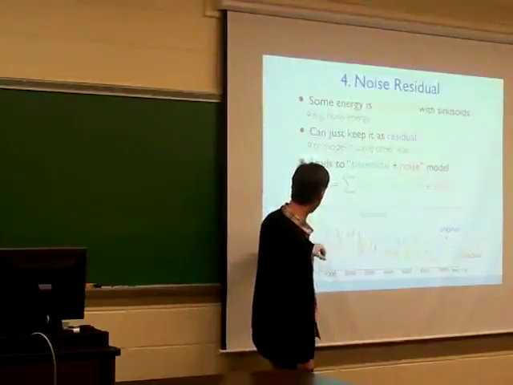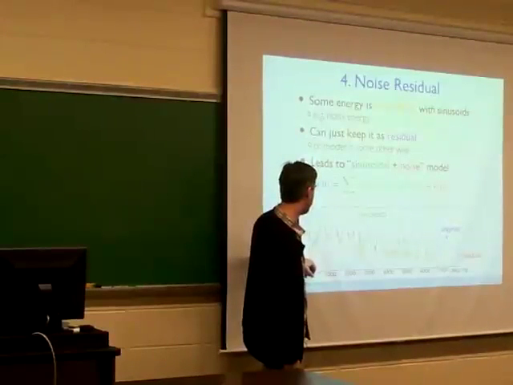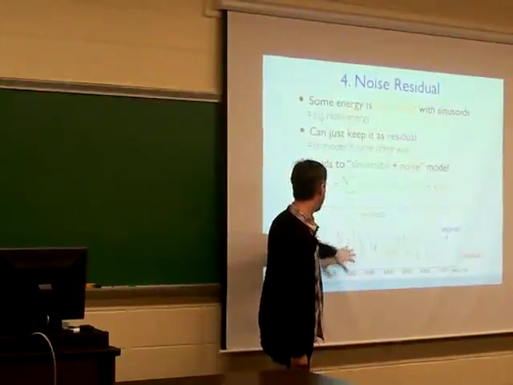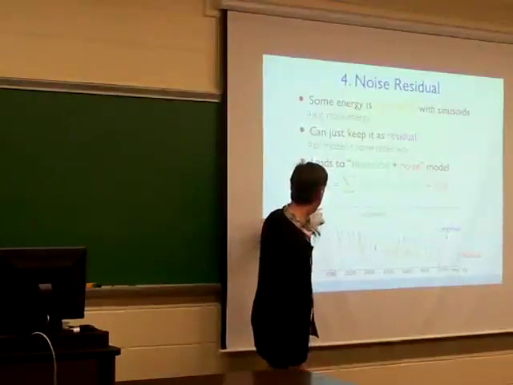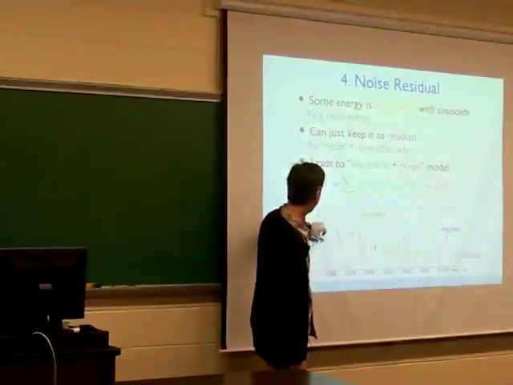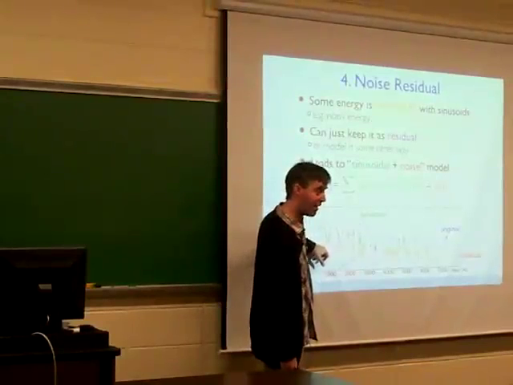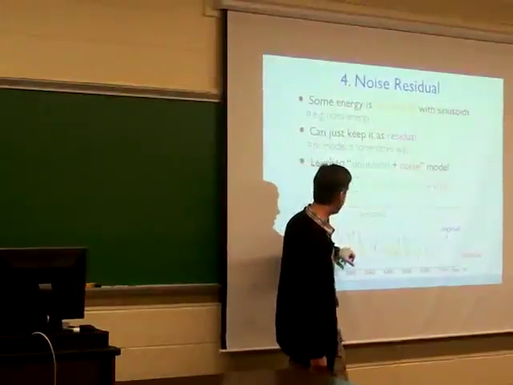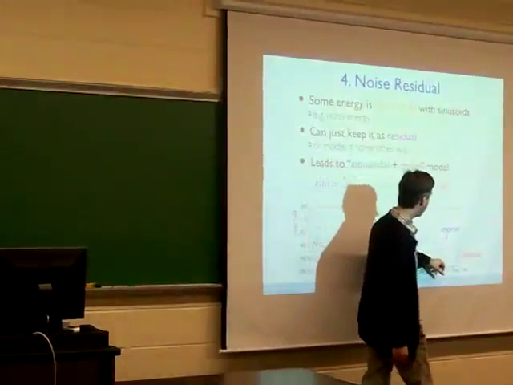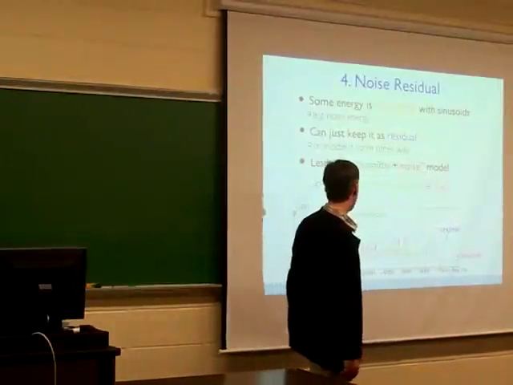Even so, this red line is shifted down by about 20 dB, but I'm only about 25 dB below the peak. This is just the error between the resynthesis and the original. But mostly, this ends up being pretty flat, like the background noise that was left.